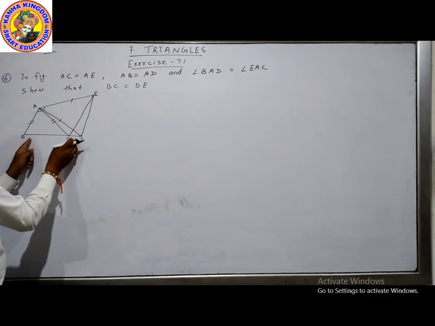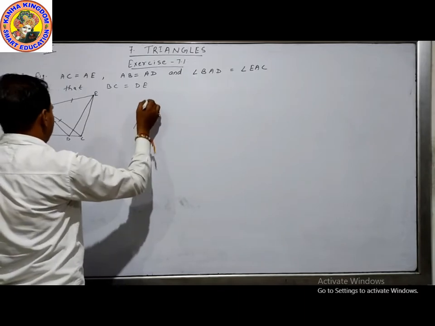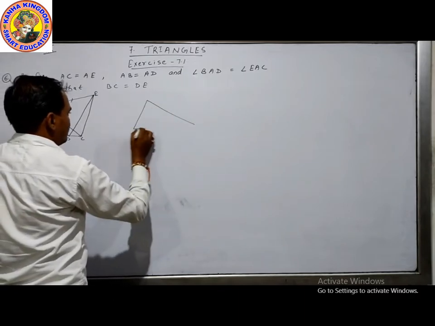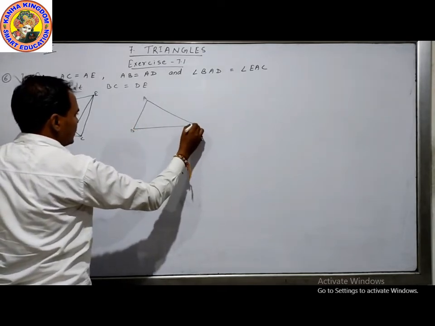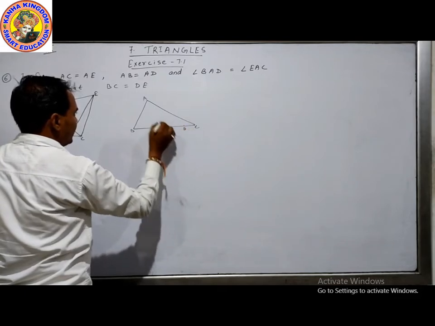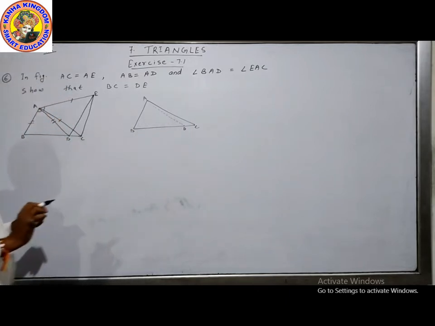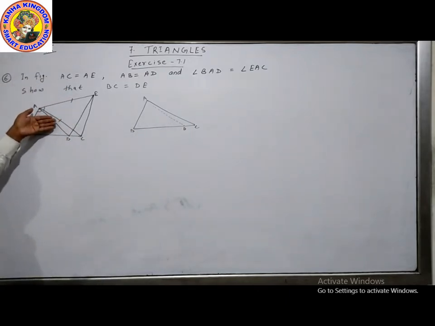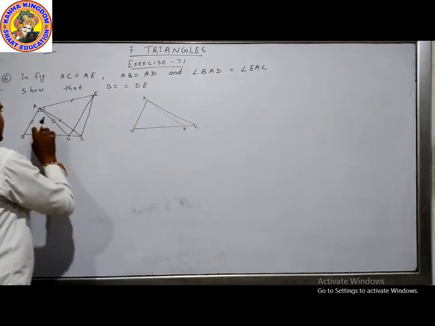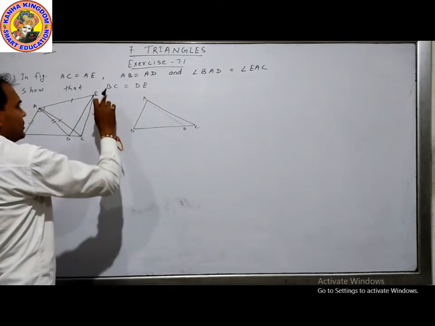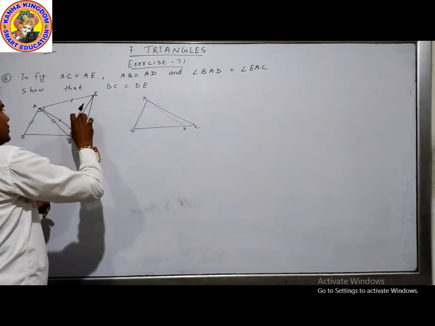Using BC, we draw a triangle. This one. A, B, C, there is one point D. I have drawn a dotted line AD, which is not in this diagram, so we have to dot this. Another, in the upper diagram, use DE.